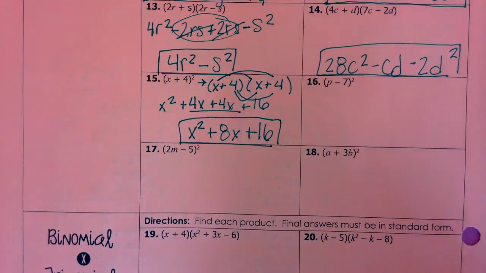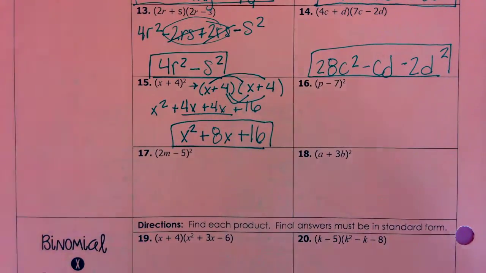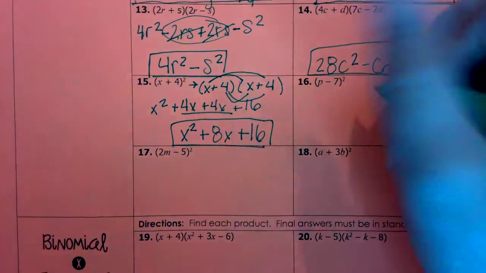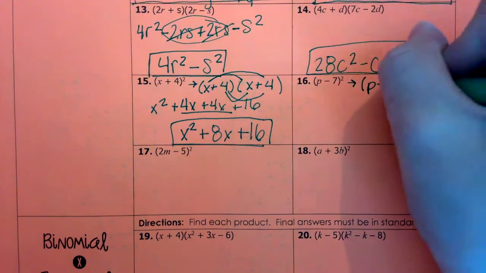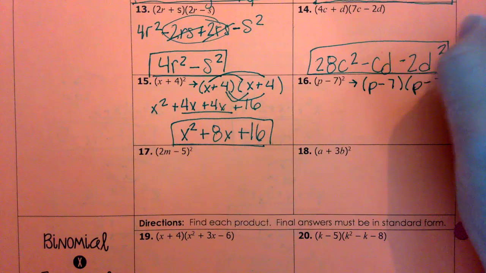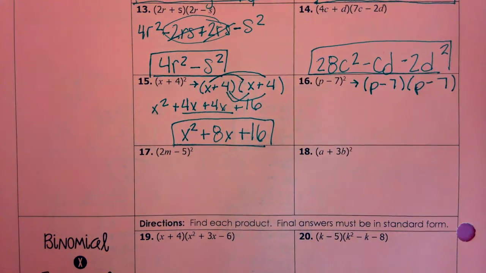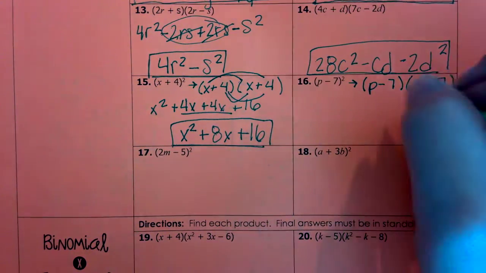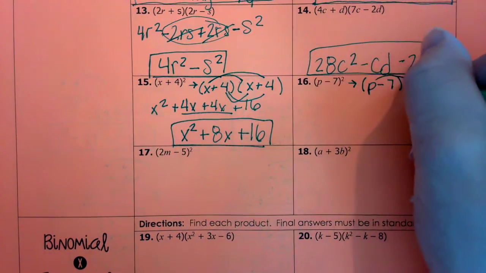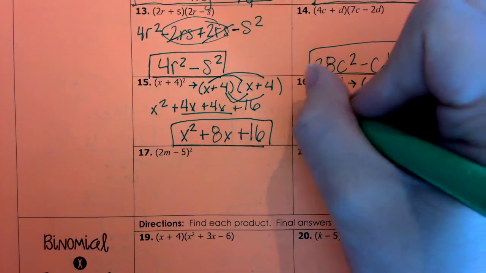Okay? So now we're going to do that same exact thing with these other three problems. So I have p minus 7 squared, so this is actually p minus 7 times p minus 7. Same exact process. P times p gets me p squared.